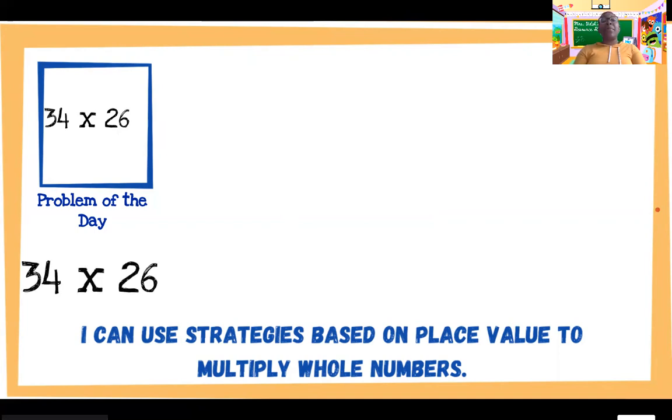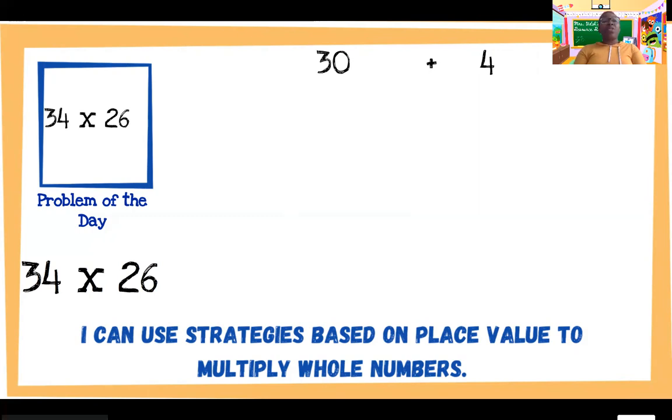Does anyone remember what we do first in order to use our area model? That's right, we write our number in expanded form. So let's start with 34. How do we write 34 in expanded form? Did you say 30 plus 4? If you did, you're absolutely correct. Well, what about 26?